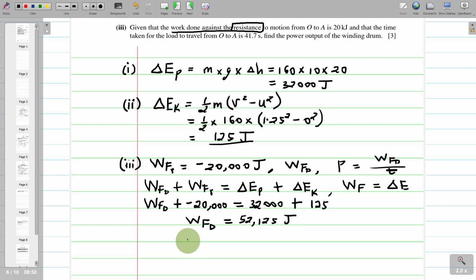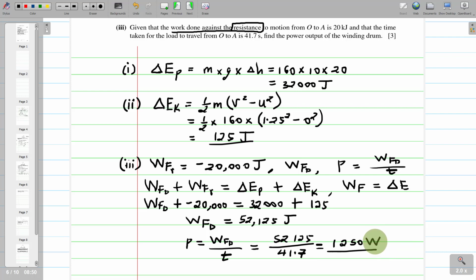So that now I can work out the power, which is given by work done by driving force divided by time. And this one will be 52,125 divided by 41.7, and you get 1,250 watts.